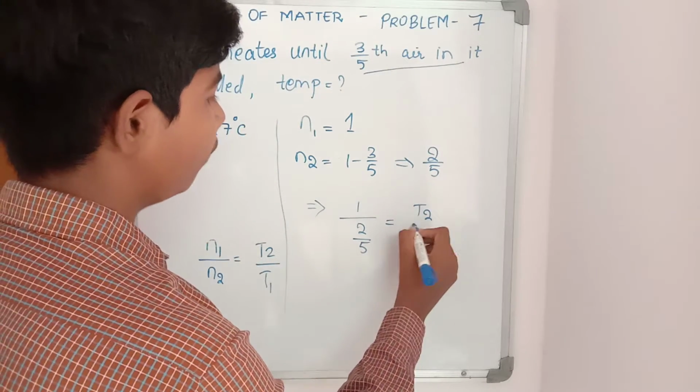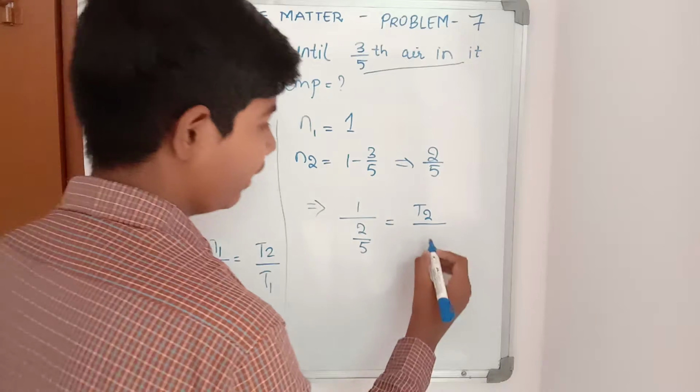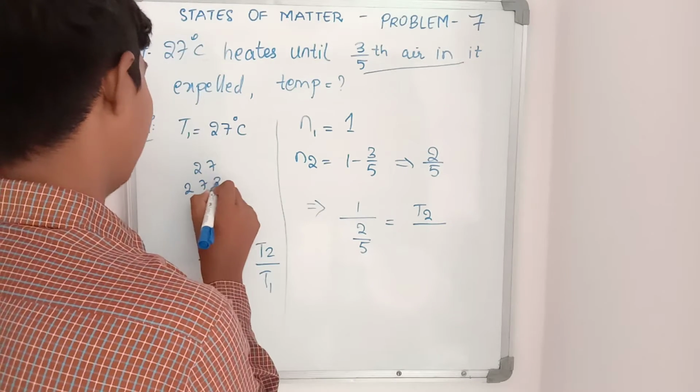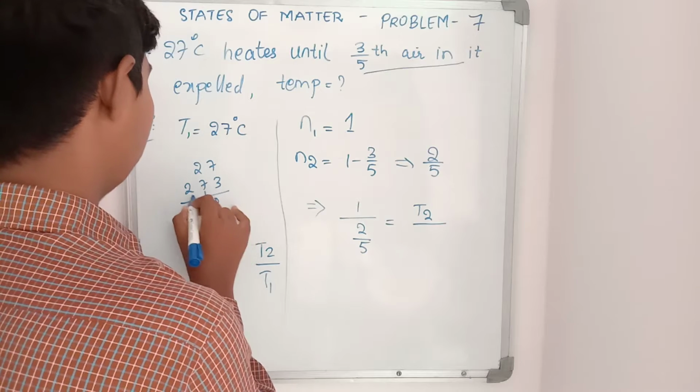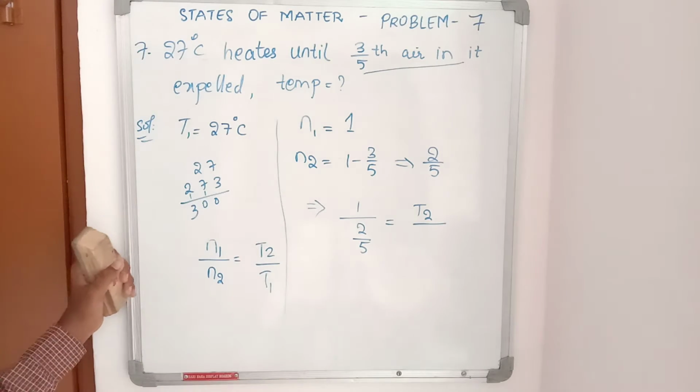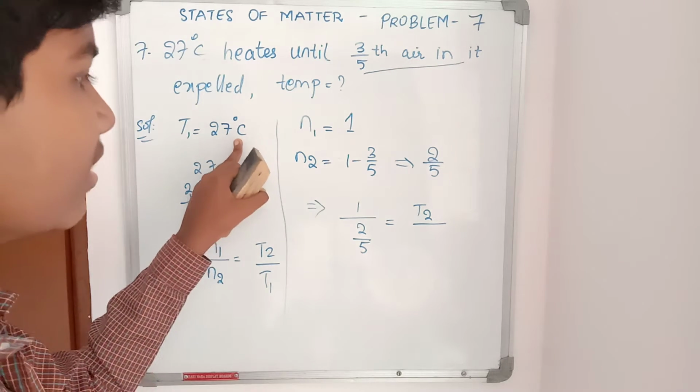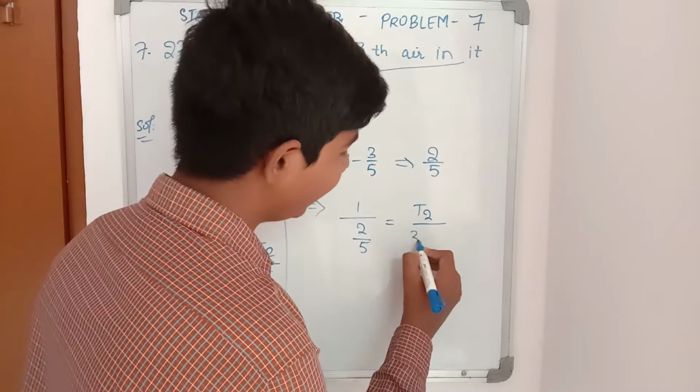T1 is 27 plus 273, which is 300. It is in degrees Celsius but we are writing it in Kelvin: 300 Kelvin.